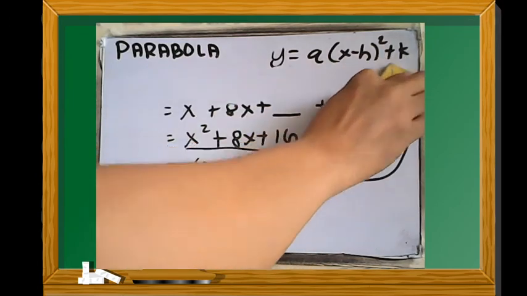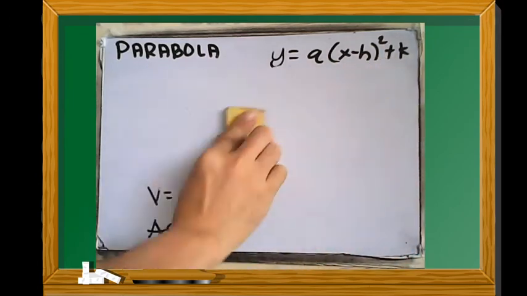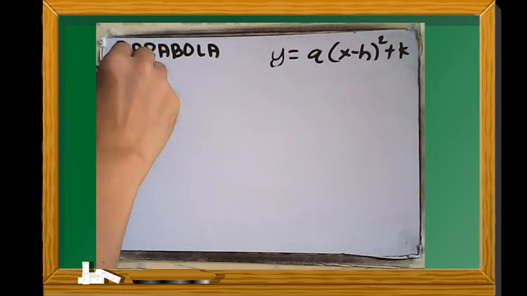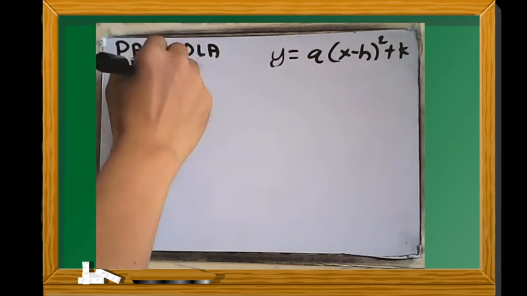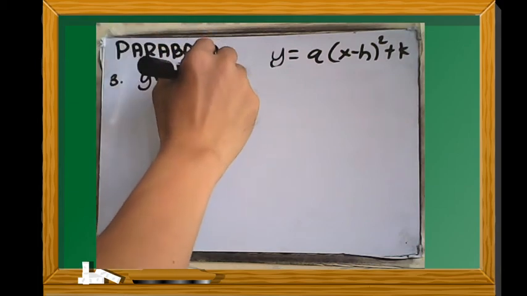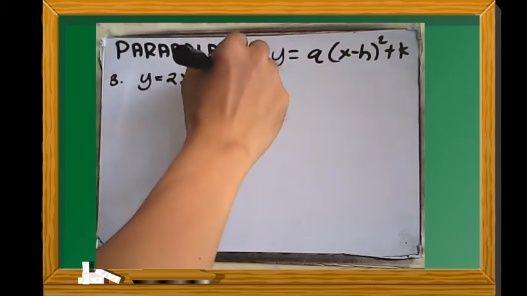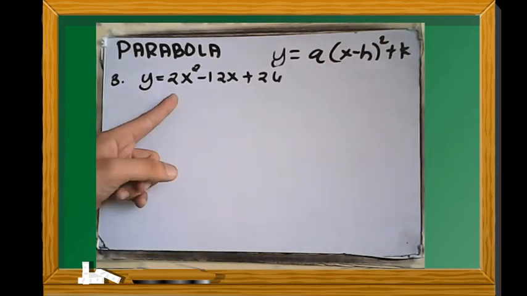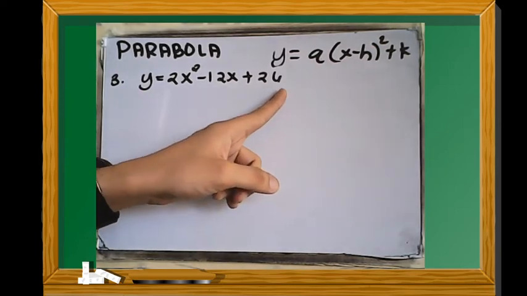Next, example number 3. So ayan. Y is equal to 2x squared minus 12x plus 26.